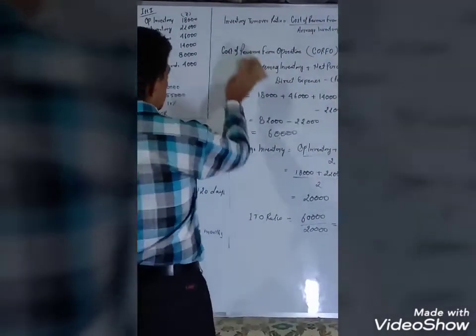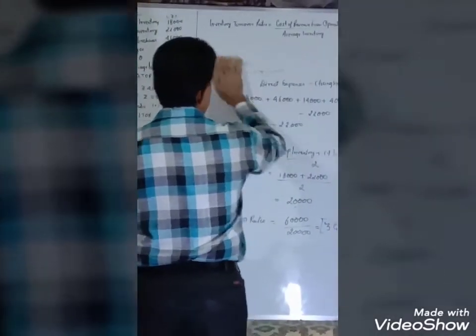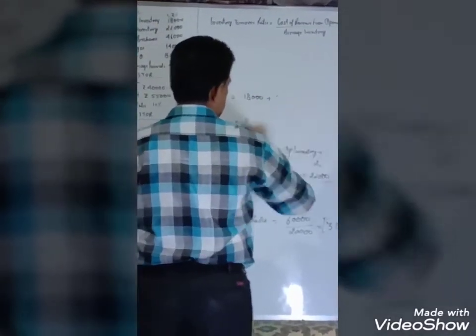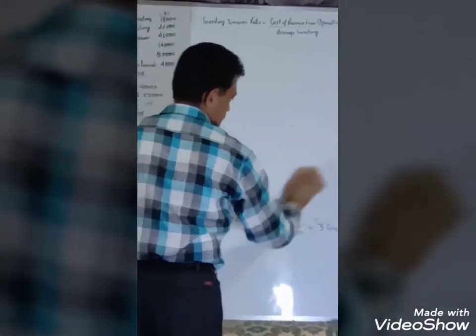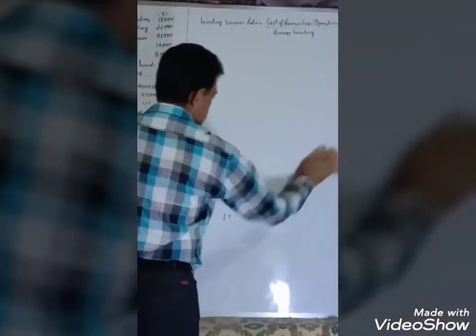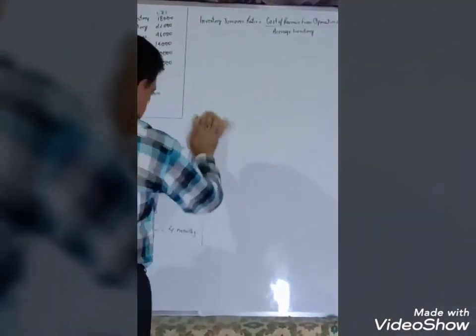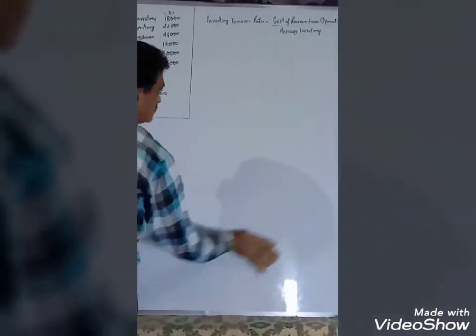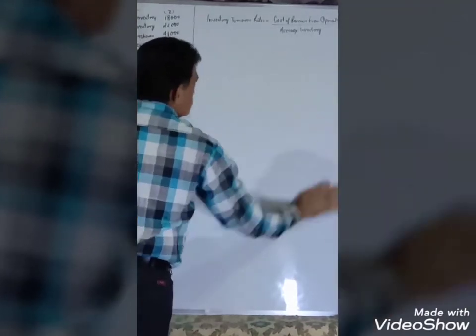So first of all, the formula: inventory turnover ratio is cost of revenue from operations divided by average inventory.